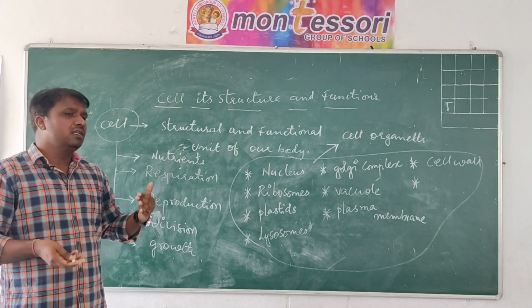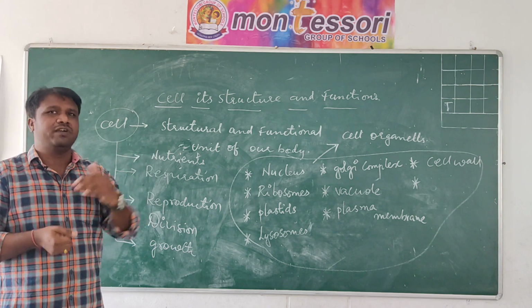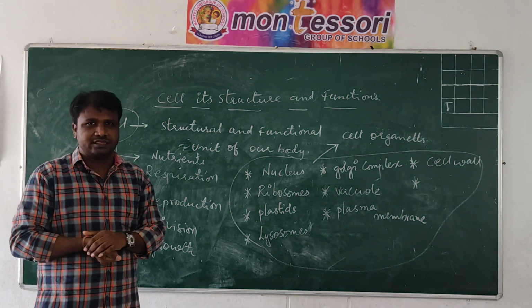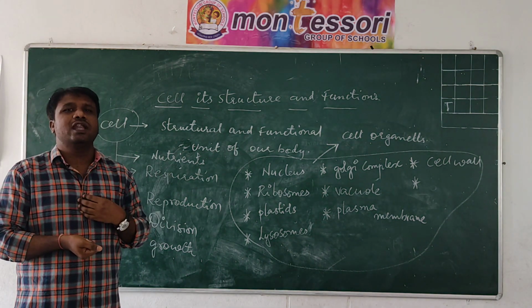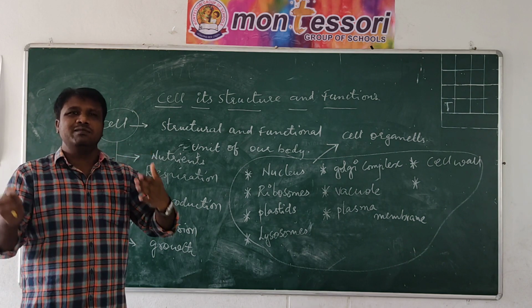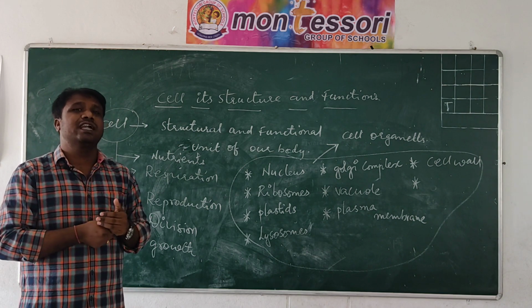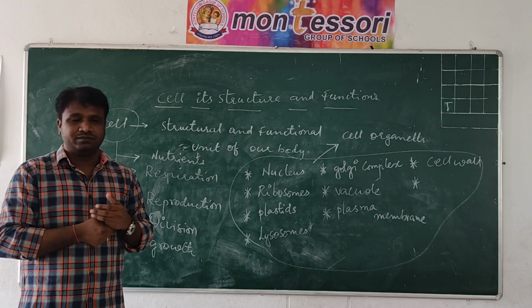As a plant cell can perform its own functions like preparing the food materials, it is called as an autotrophic cell, and as all animals will depend on these plants, we call them as heterotrophic cell or heterotrophs.